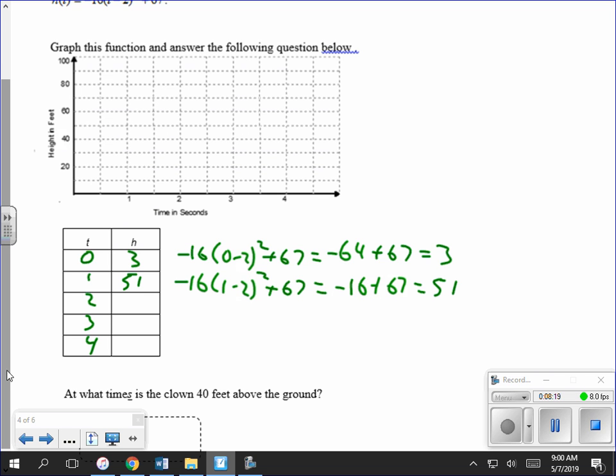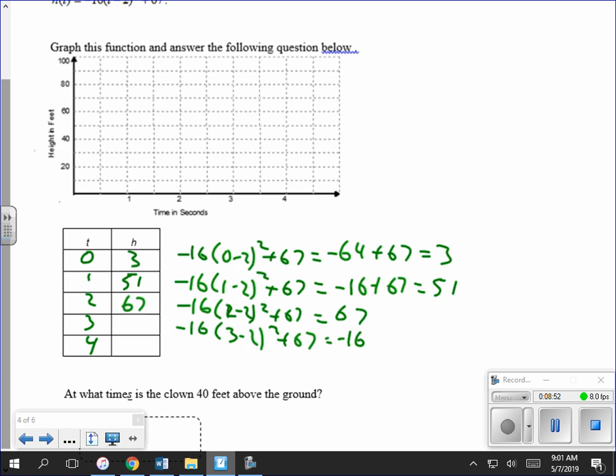Keep going. Negative 16 times 2 minus 2 squared plus 67 is equal to, this part here is 0, so he's 67 feet off the ground after 2 seconds. After 3 seconds, negative 16 times 3 minus 2 squared plus 67. 3 minus 2 is 1, 1 squared is 1, times 16, negative 16.